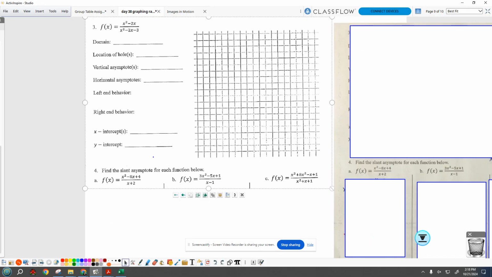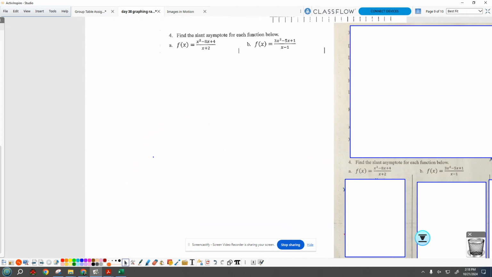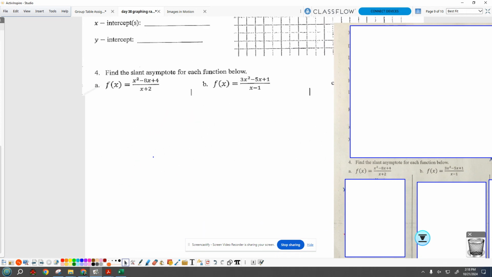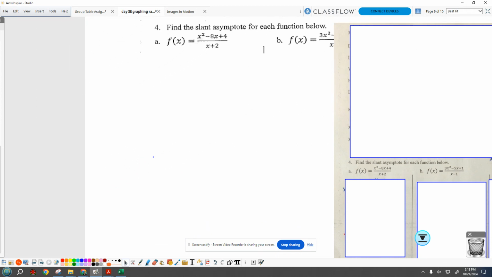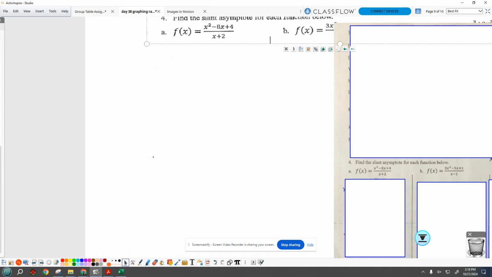Lorenzo, can you do how to calculate the slant for us? Yeah, can you do 4A? Okay, so for Wednesday, you also need to be able to find a slant asymptote. So, here is the process.